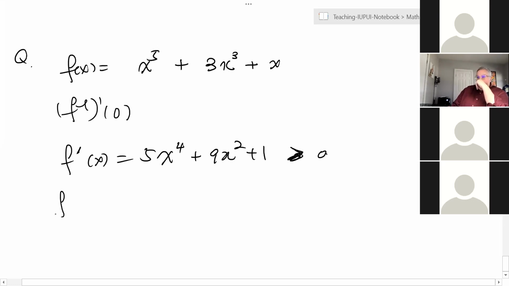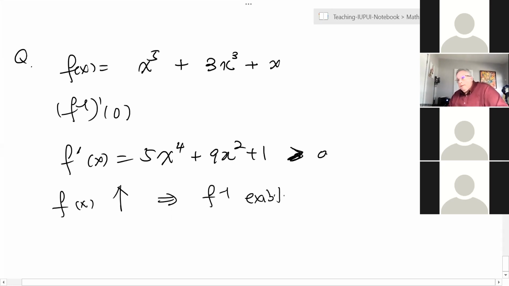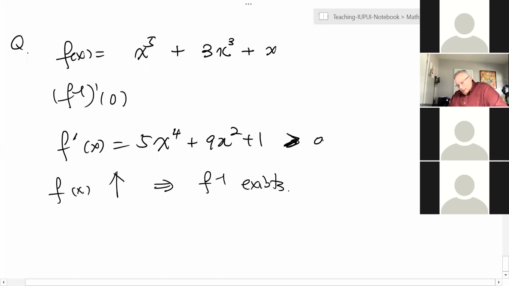So f is an increasing function, so that implies the inverse exists. But can you find it? No, you are not able to find it. So how do you find the inverse?